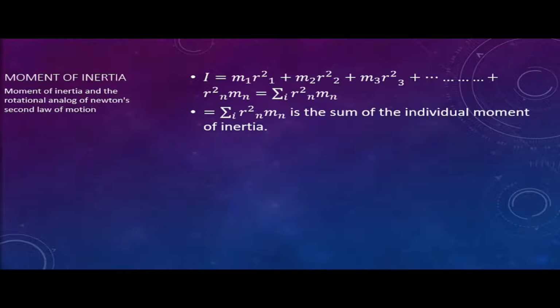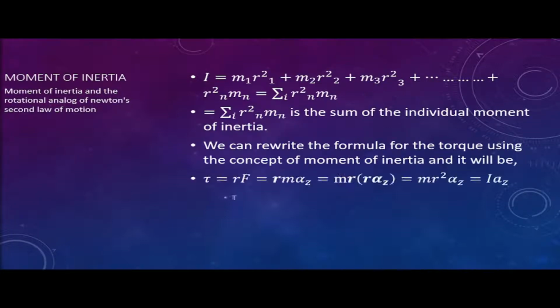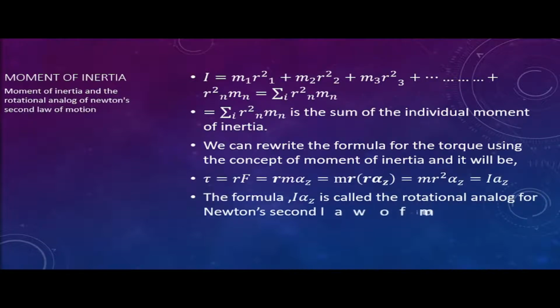Using the concept of the moment of inertia, it will be like this. Here we have mr squared times the tangential acceleration. So mr squared is only this term, so we can substitute I for that.